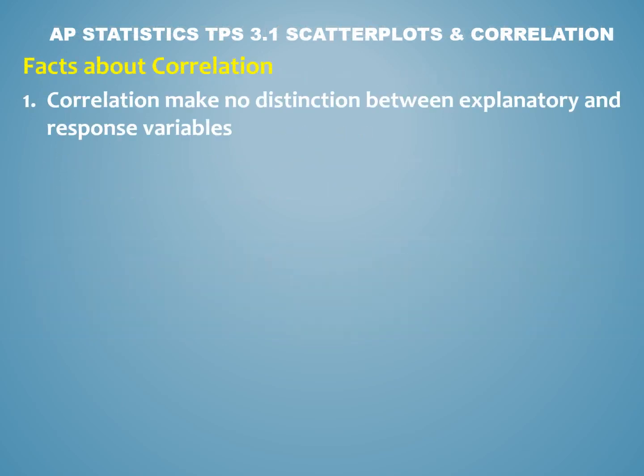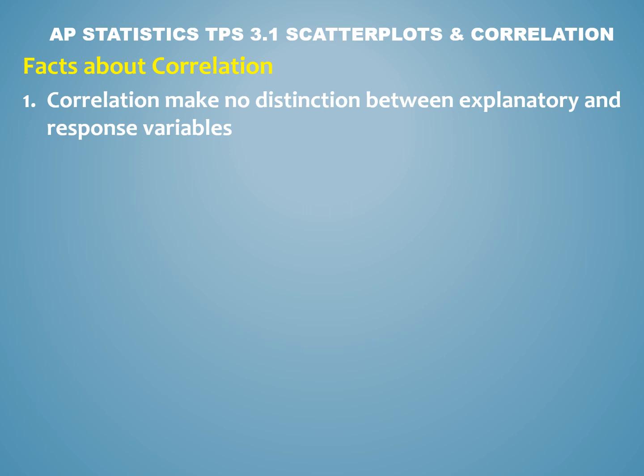All right, some things to know about correlation. If I were to reverse the explanatory and response variables, so in some situations there's no clear explanatory variable. For example, I could use my arm span to predict my height, or I could use my height to predict my arm span, right?